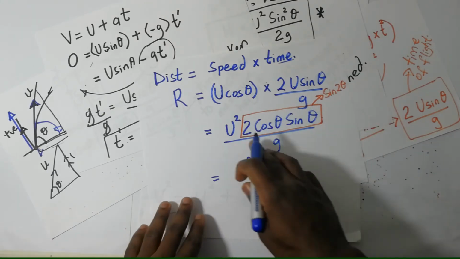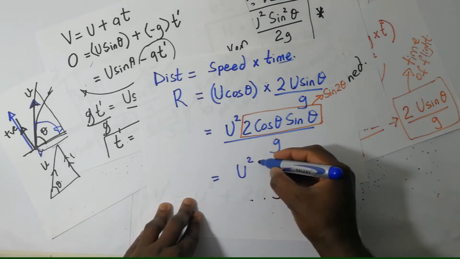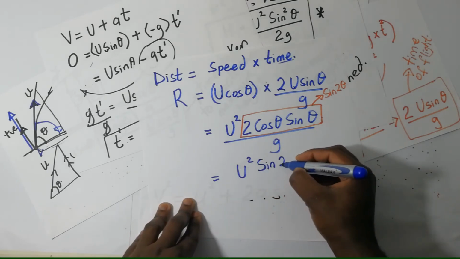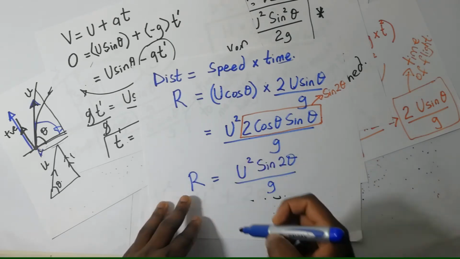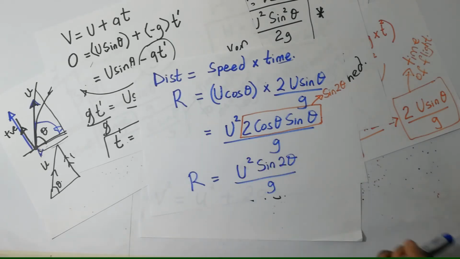So this can be simplified further into u squared sine 2 theta, divided by g, and this is the expression for our maximum range.